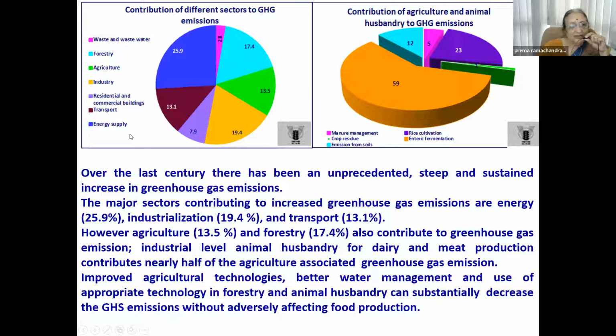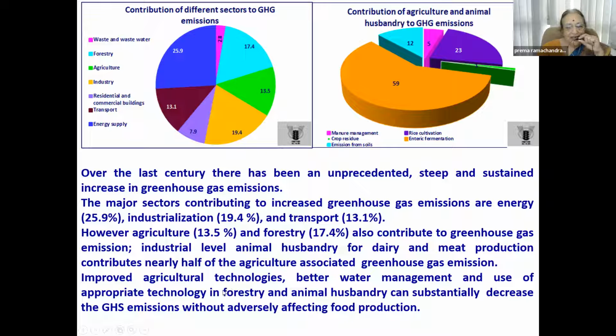Agreed that it is a major one, but forestry, agriculture, and wastewater management also contribute about a fourth. And if you look at manure management, crop residue management, and one of the most important things, emission from soil and enteric fermentation from industrially grown cattle for meat, they do contribute a substantial proportion of greenhouse gas emissions.